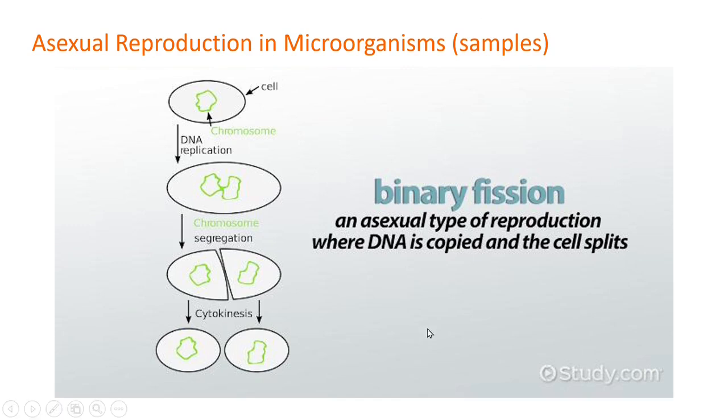In binary fission, what actually happens is that you have your mother cell, and inside the mother cell, the DNA will replicate, and they will separate into the two ends of the bacteria, and then it will start to separate in the middle, eventually producing two identical cells, which are also called daughter cells. So that will be binary fission in microorganisms like bacteria.